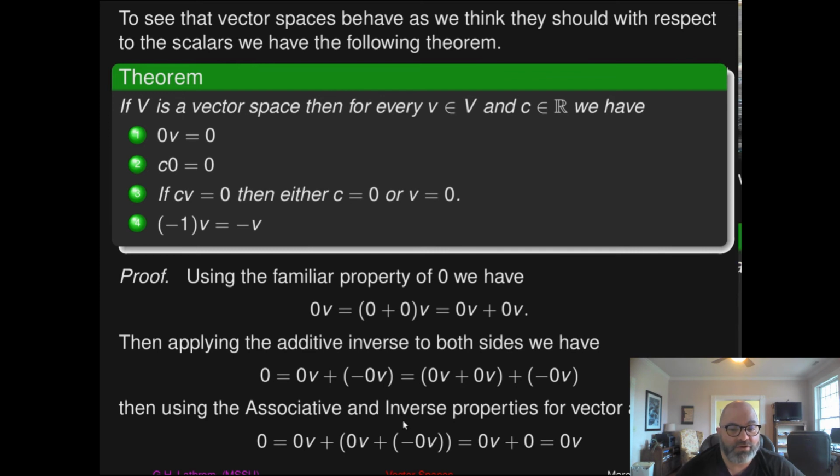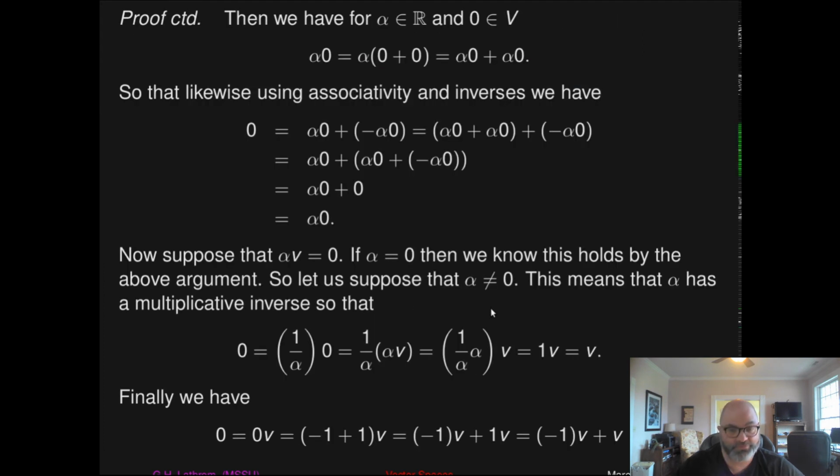Using our associative and inverse properties, we can switch the parentheses and group those together. The inverse properties give us 0, and then the identity property of adding the 0 vector just gives us 0 times V. That gets us where we want to go: 0 times any vector gives us the 0 vector.